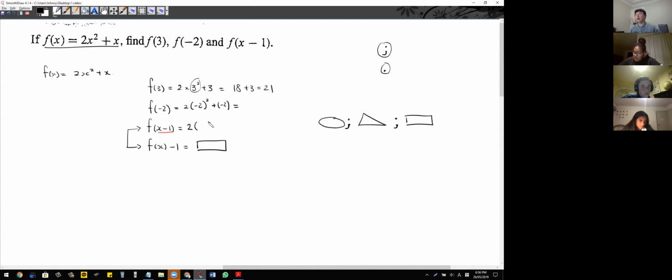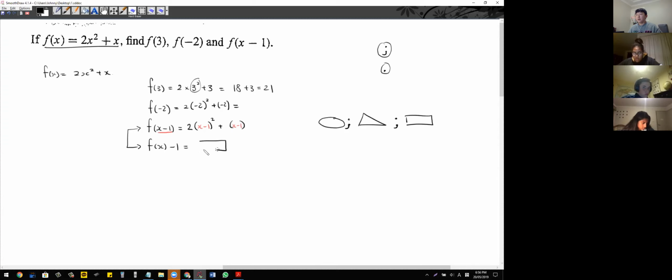So 2x squared plus x, right? That's what it is, and you plug in x minus 1 and x minus 1. If you leave your answer like this, I'm going to consider that as correct. You don't have to expand it out.